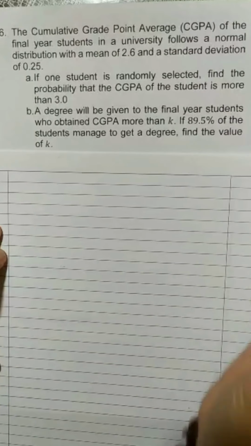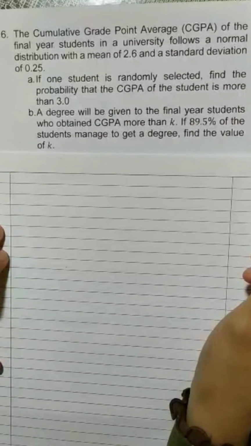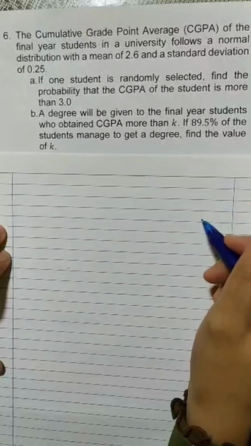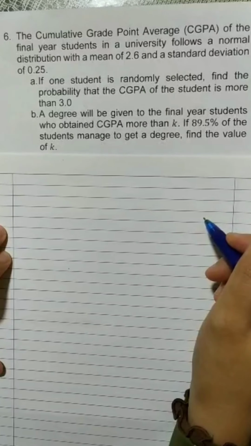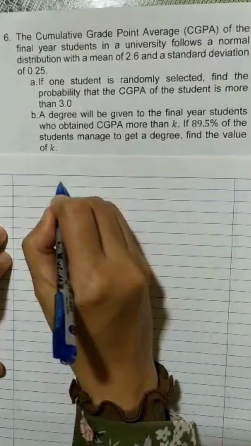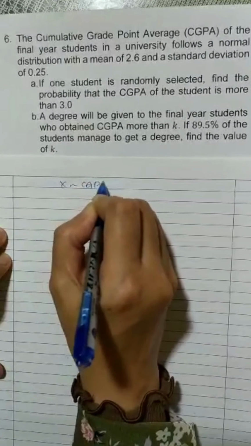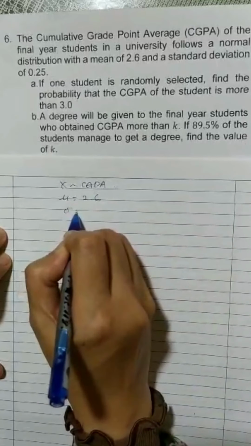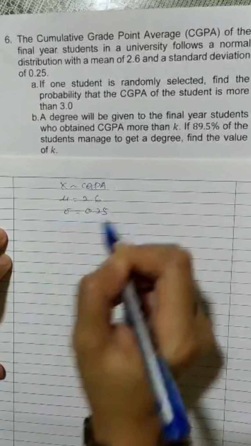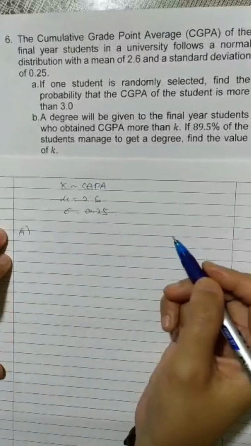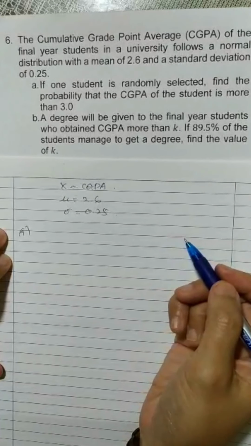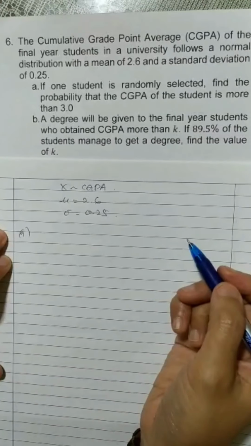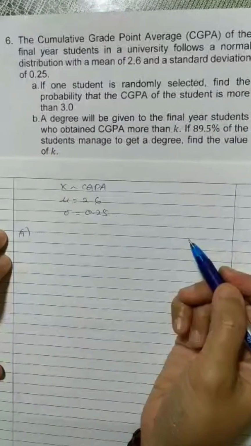Okay, the next question. The cumulative grade point average, CGPA, of the final year students in a university follows a normal distribution. So X is CGPA, the mean is 2.6 and the standard deviation is 0.25. A. If one student is randomly selected, find the probability that the CGPA of the student is more than 3.